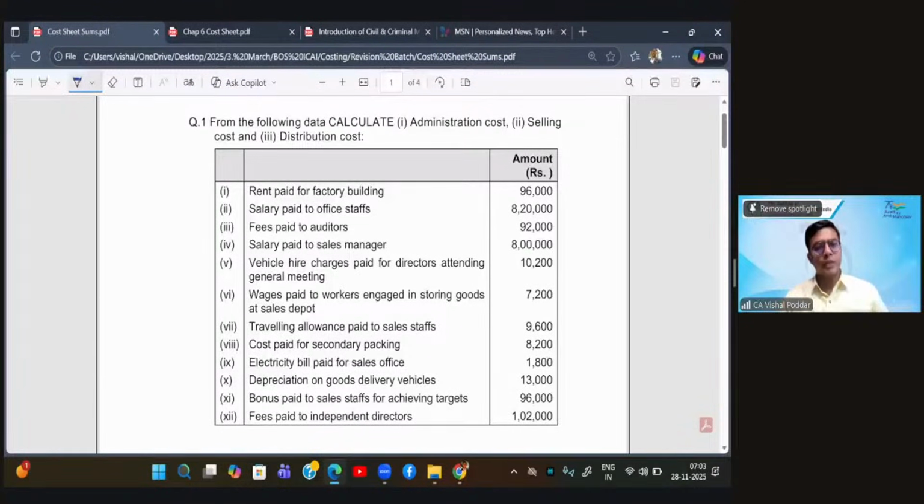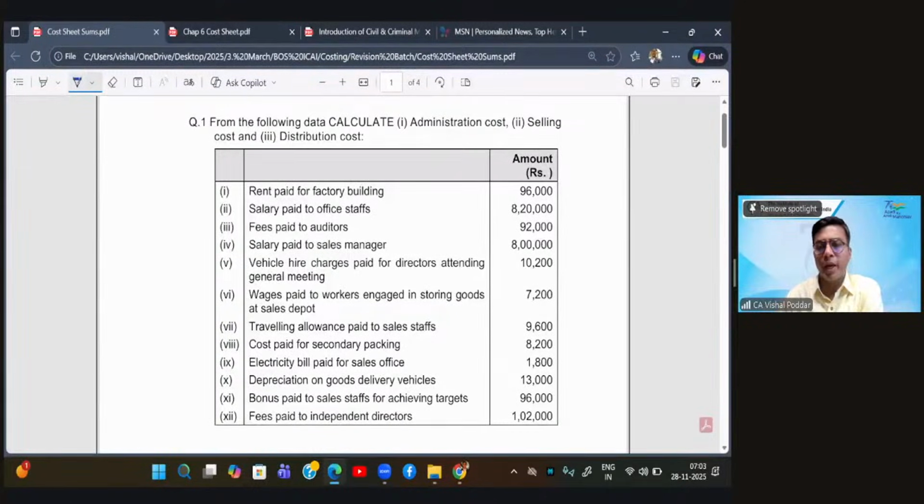But the very first and basic report, which is the first objective and first approach to cost accounting, is knowing the cost, ascertaining the cost, and this is done by the report called the cost sheet.